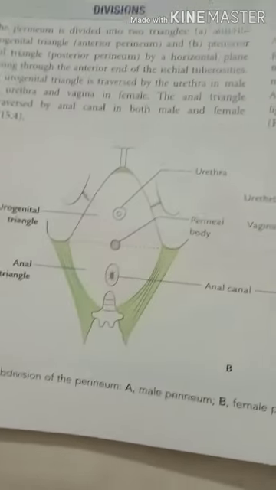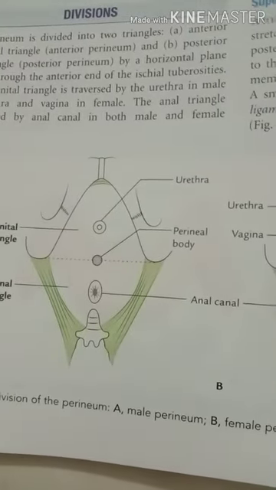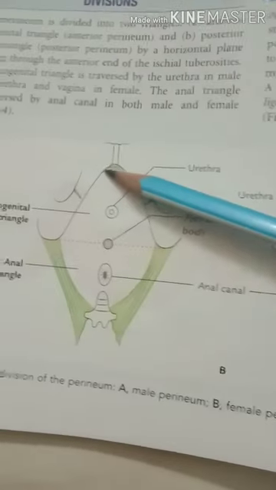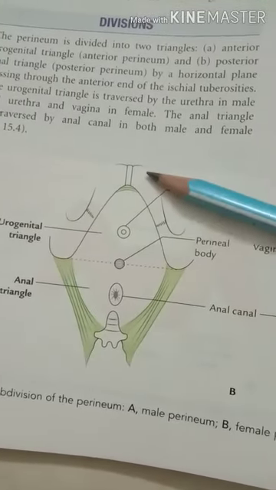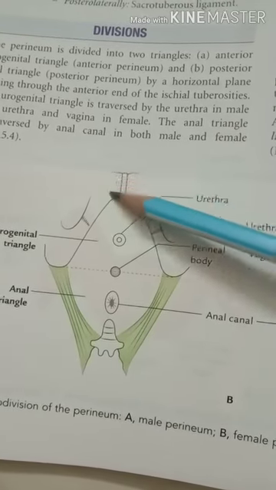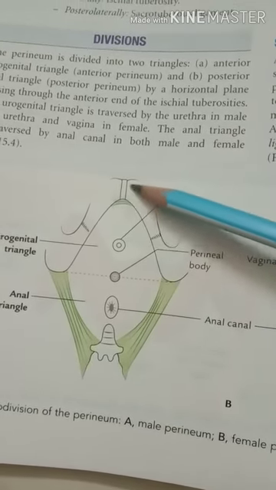Then we should see the deep boundaries of the perineum. In this diagram you can see the deep boundaries. They include anteriorly the upper part of the pubic arch. Here you can see the pubic symphysis and this is the pubic arch.